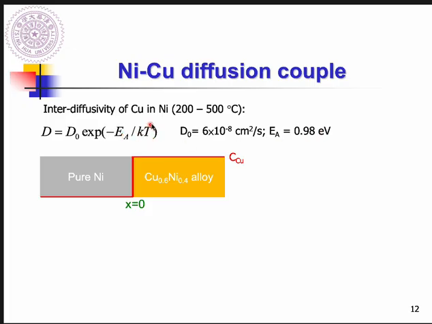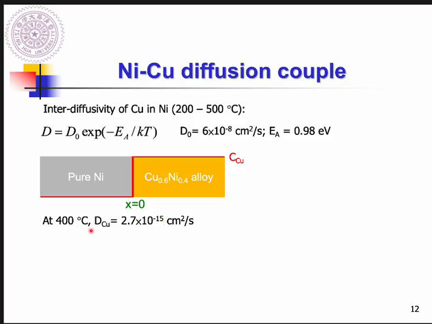So when you increase the temperature, you can roughly estimate the diffusivity in this diffusion couple. For example, at 400 degrees C, which means 676 K, the diffusivity equals 2.7 times 10 to the power 15.